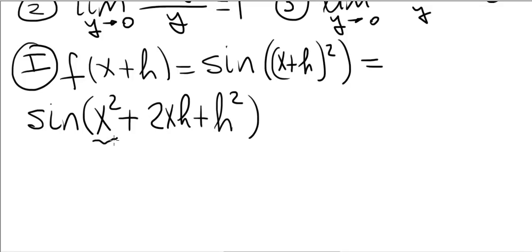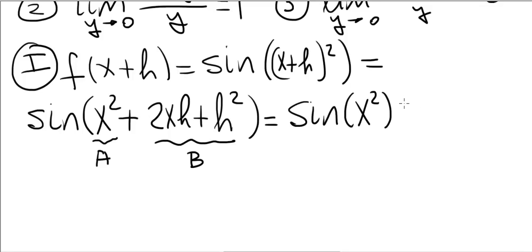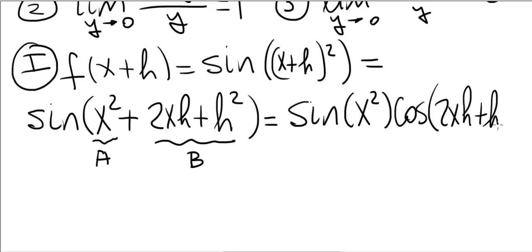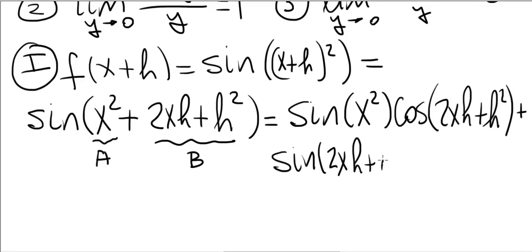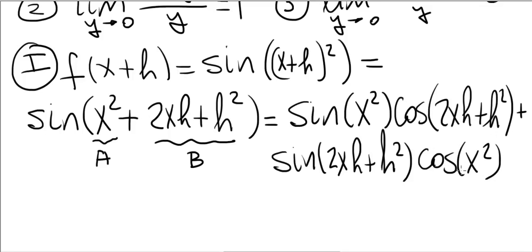We'll call the first one a, and the sum of the second and third we'll call b. And let's use the first result that we needed, the trig identity. So this becomes sine of a, that's sine of x squared, times cosine of b, which is cosine of 2xh plus h squared, plus sine of 2xh plus h squared times cosine of x squared. And that's all we need to do in step number 1.